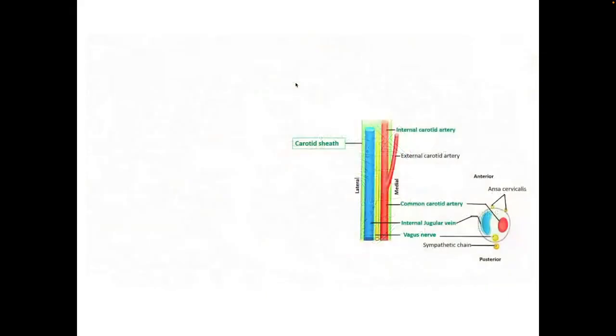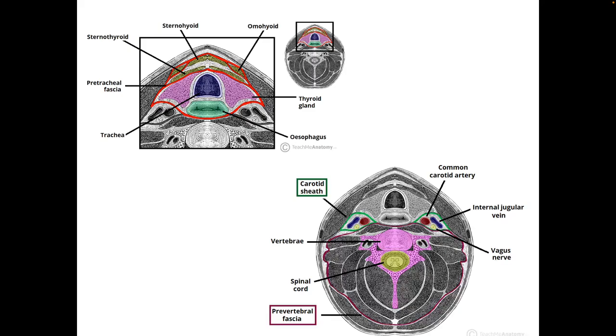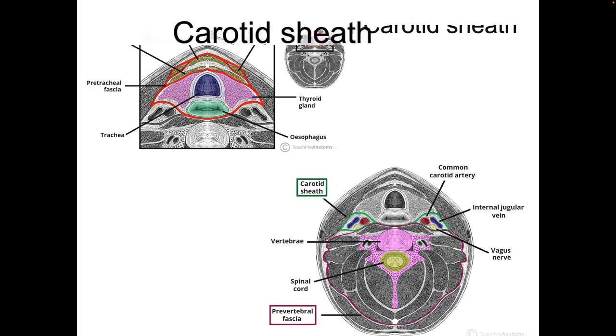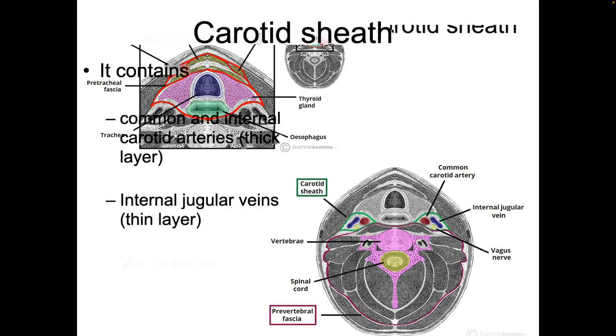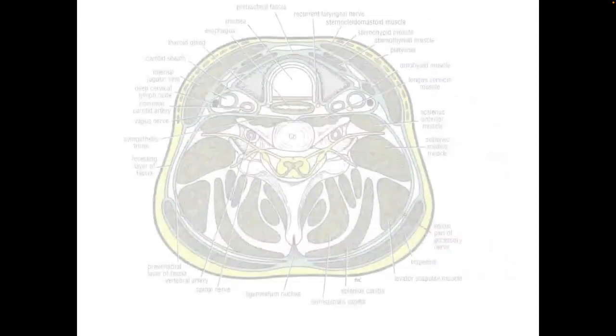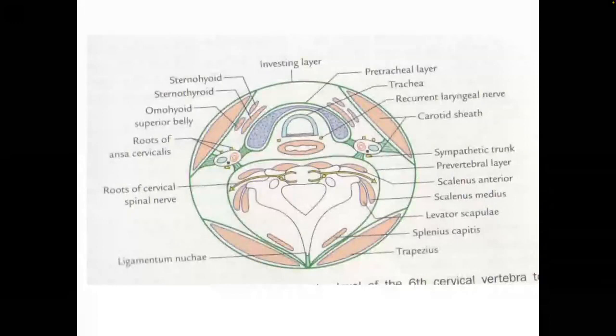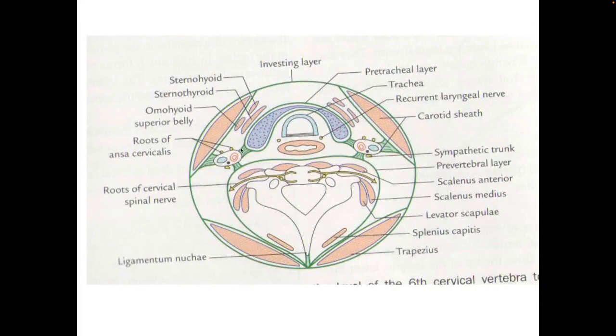This is the investing layer. Oops, sorry. This is the investing layer. It is enclosing these two muscles, and it is slightly blending here.